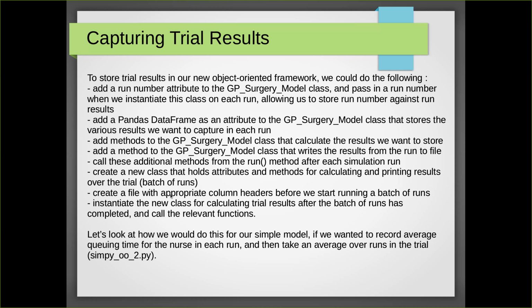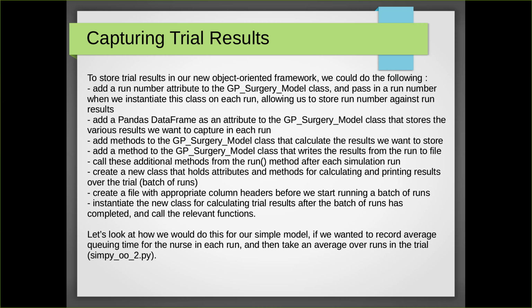We want to capture run results, so results from each individual run of the model, but because they're stochastic models, we want to run it lots and lots of times and then take the average over 100 runs or whatever it may be. So we want trial results as well. The trial represents the set of runs. So we might have 100 runs of the simulation, and that's our trial. You had some practice doing that last time.